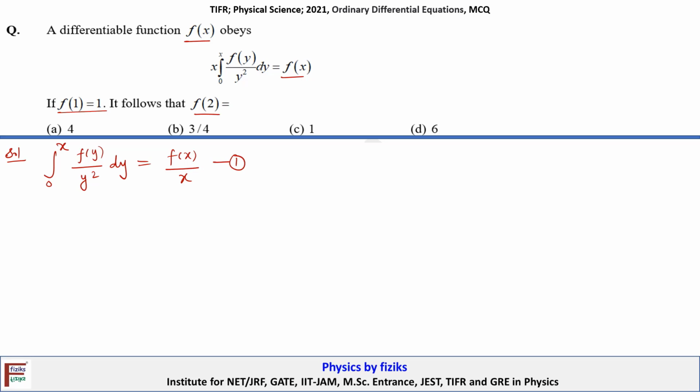Now we differentiate this with respect to x on both sides, and for that we use the Leibniz rule of differentiation.